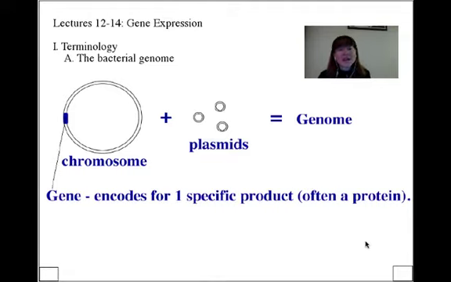So with that in mind, let's take a little bit more time to look at the central dogma of gene transfer, the way in which DNA encodes for RNA, which then maybe encodes for a protein, maybe or not, depending upon what the product is, the one specific product that gene encodes for.